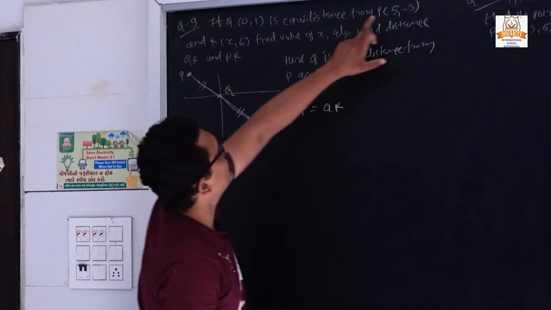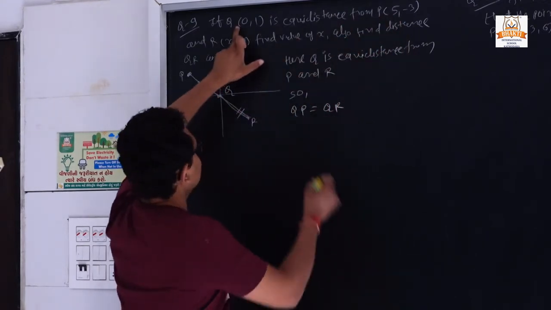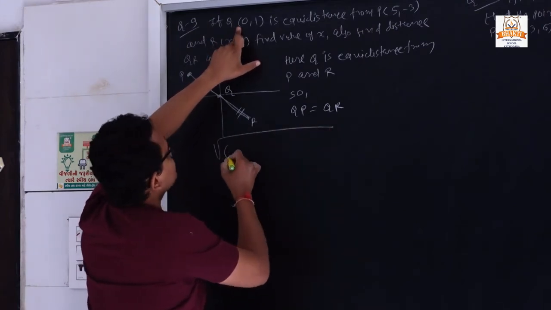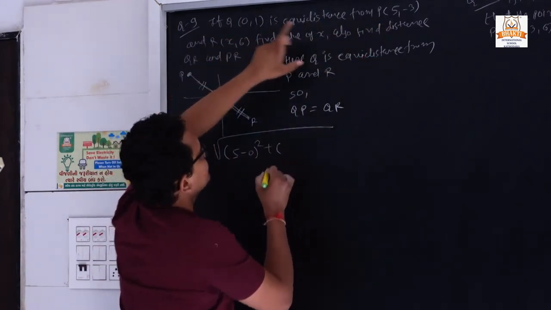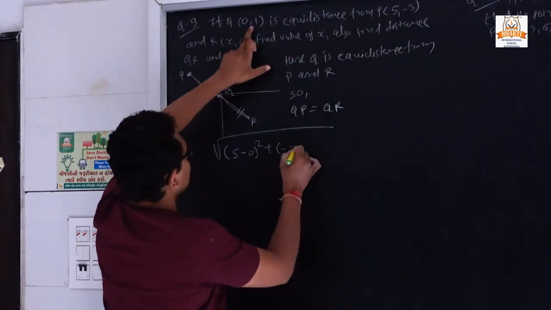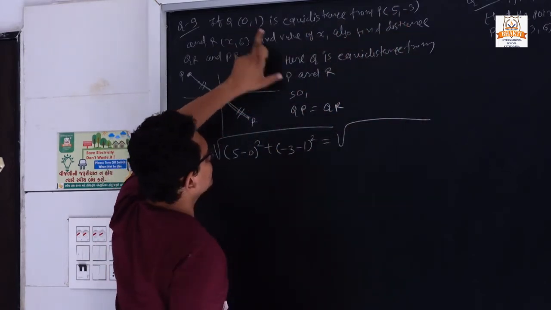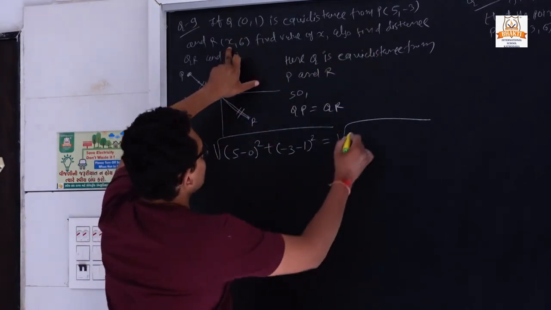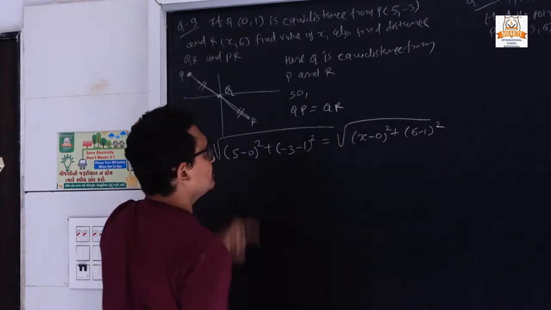Now QP. Here we are applying our formula, under root x2 minus x1 all square, y2 minus y1 all square is equal to, once again under root QR, Q and R. So x minus 0 all square and 6 minus 1 all square.